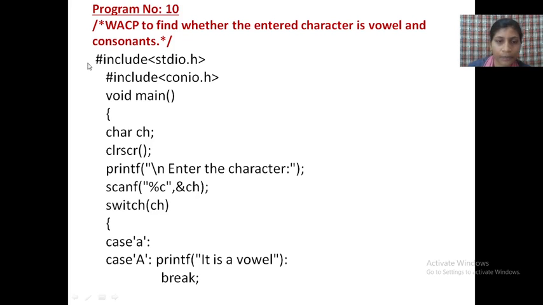Enter the character colon: whichever alphabet you want, you can enter on the keyboard. Then scanf("%c"). Why have I used %c here? Because I have taken the variable as char. For the char data type we use the format specifier %c.